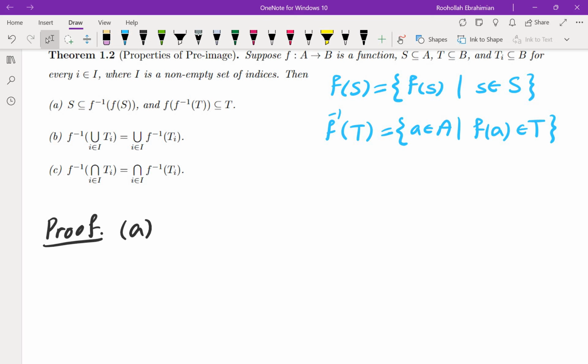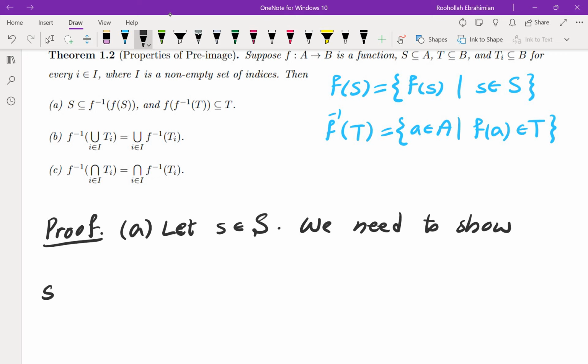Part A, we're going to show that S is a subset of f inverse of f of S. So let's start with an element s inside S. We need to show s is inside f inverse of something. How do we show something is in f inverse?